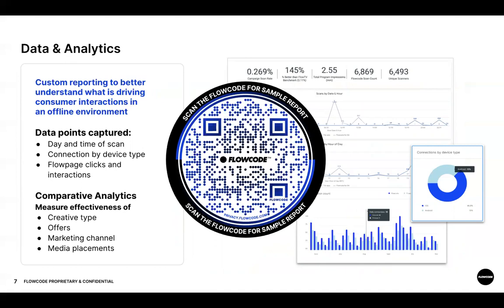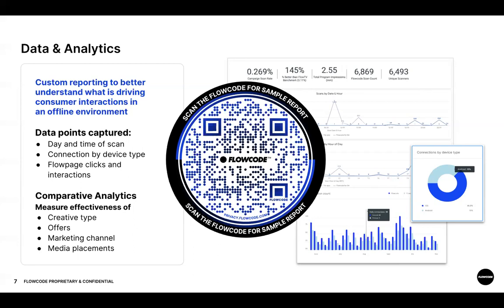Now, if you're on the free plan, you'll notice that you have a slight preview or tease of the total scans and clicks accumulated within your account. But once you upgrade to the Pro or Pro Plus plan, you'll unlock the entire native analytics dashboard, where you'll be able to see scans by date, day of the week, time of day, and the device type over the course of a rolling 90-day period.